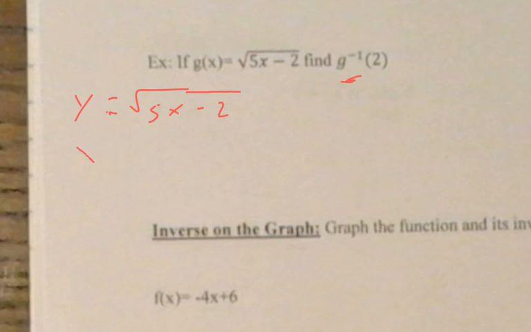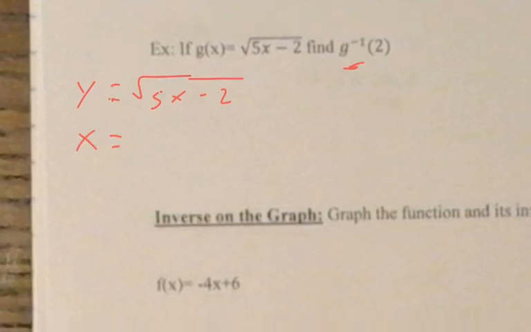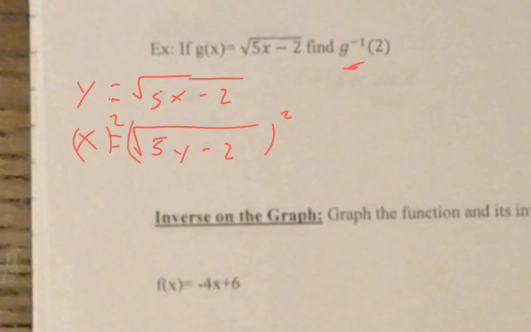Switch x and y, so you get x equals the square root of 5y minus 2. We want to solve for y, so let's square both sides. You get x squared equals 5y minus 2, since the square and square root cancel each other out.